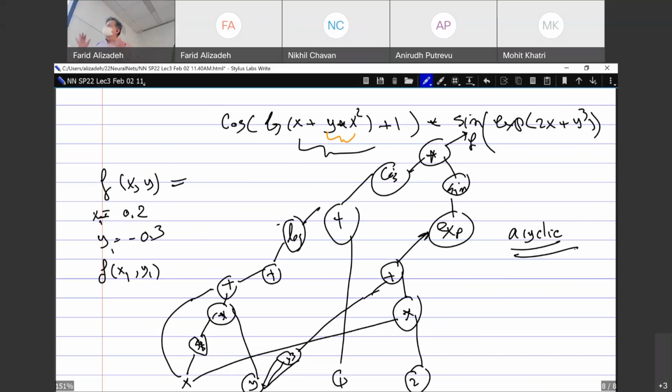Now, convince yourself that any mathematical expression, when you draw its graph, has to be acyclic. Because if there is a cycle, that means a node is defined in terms of itself. That is actually not a weird thing.